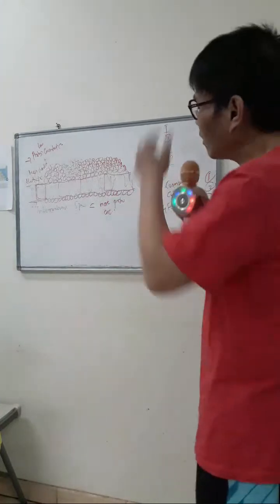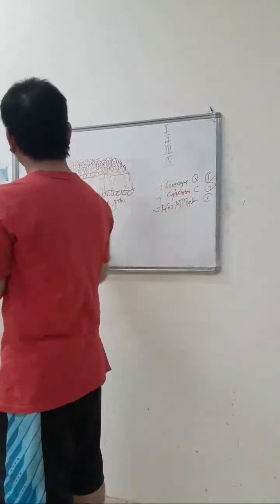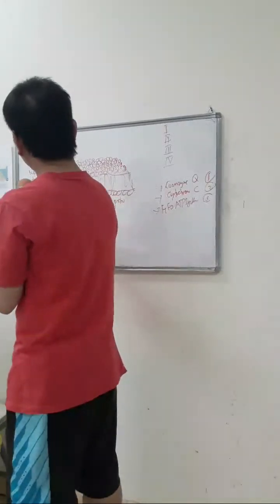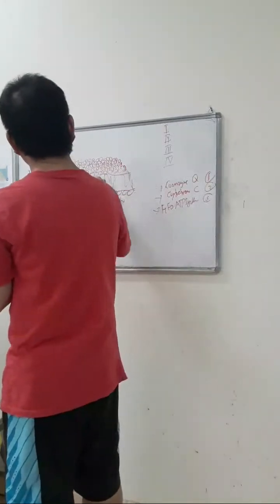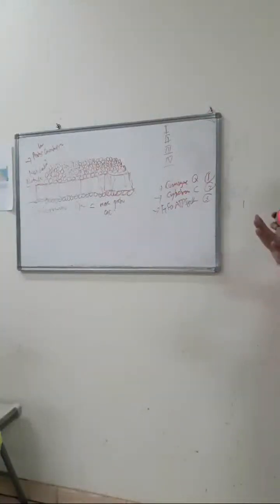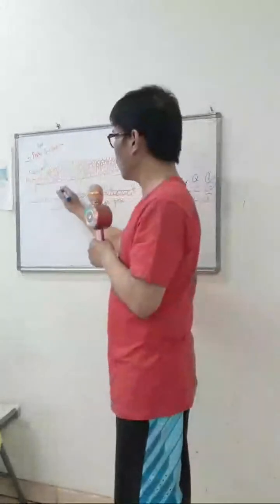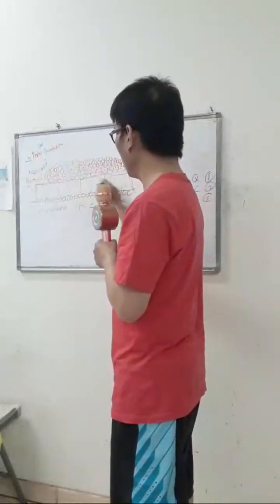Okay, got the point. So we have the matrix at the top, and we have the intermediate space at the bottom. And we have the pumps here. We have four pumps that are built into your protein complexes. Complexes 1, 2, 3, 4.